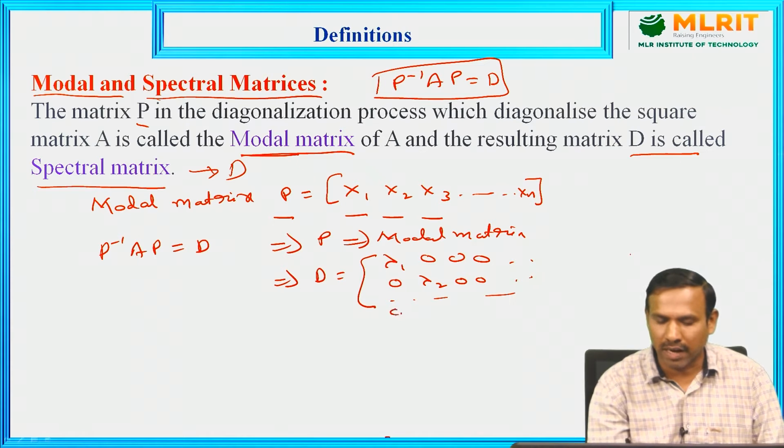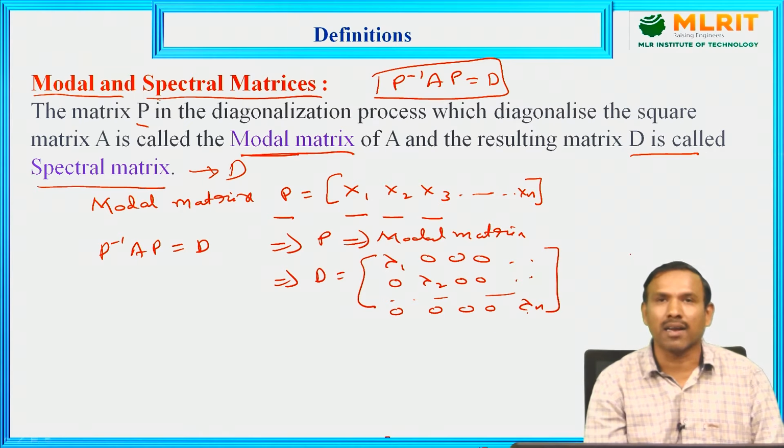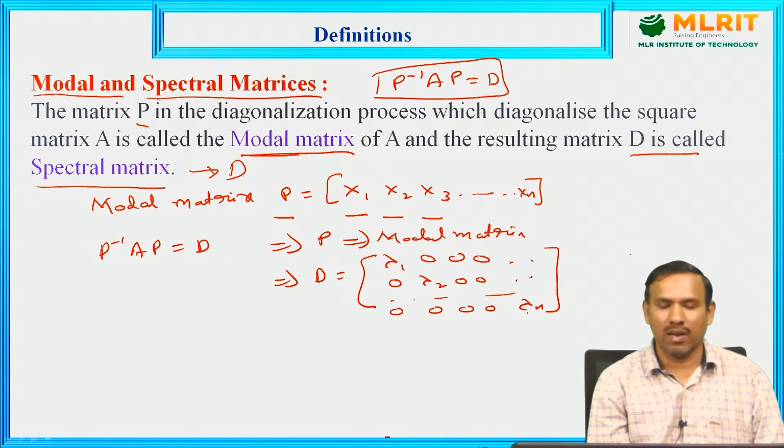So here, for an n cross n matrix, 0, 0, 0, the last element will be lambda n. Exactly in the principal diagonal, we will be getting eigenvalues as the diagonal elements, that is the required diagonal matrix. In the above diagonalization process, the final result D will contain it like this.